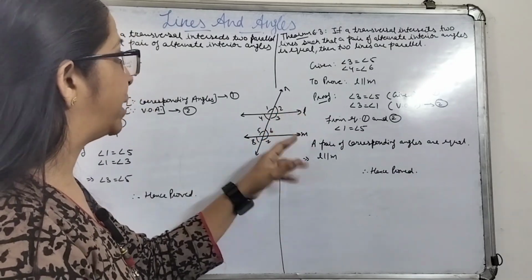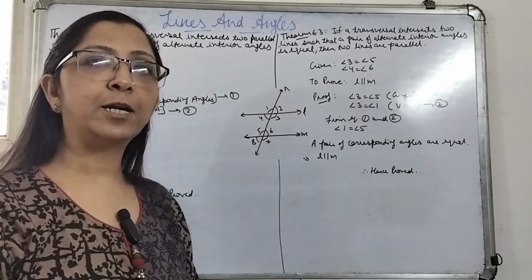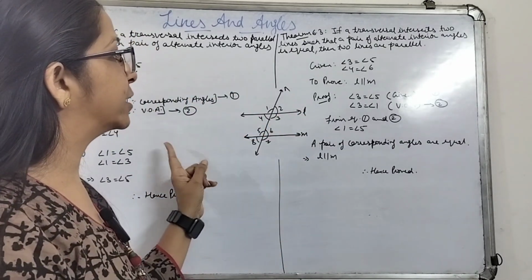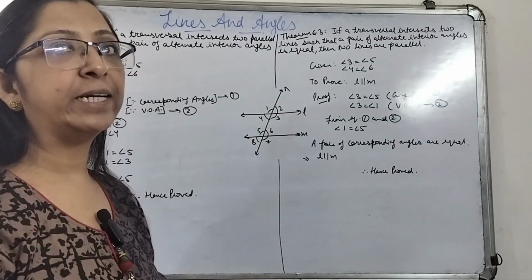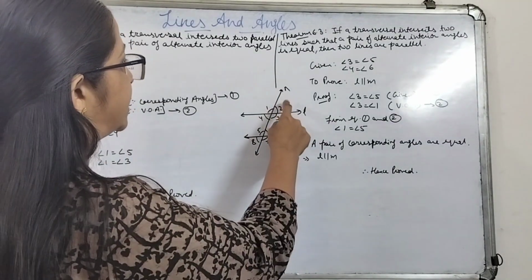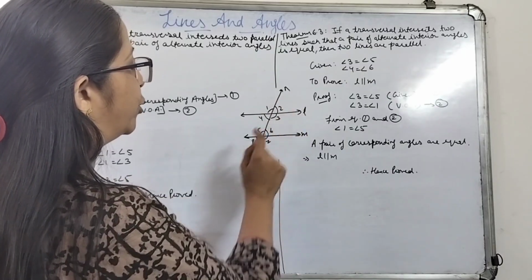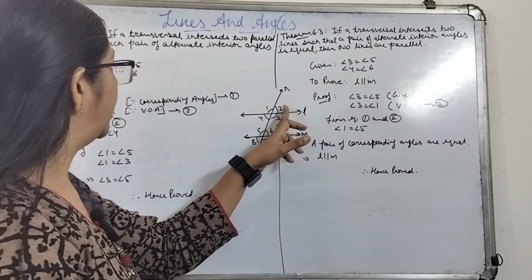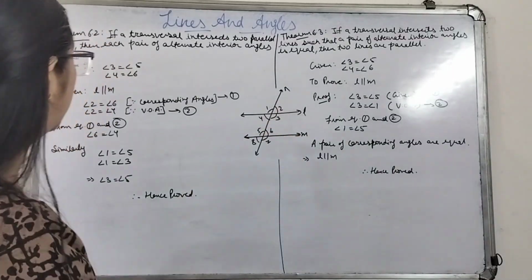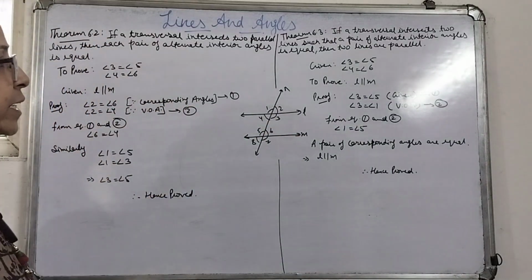It is already given to us that lines are parallel, so the pair of corresponding angles will be equal. That we can automatically conclude by the corresponding angle axiom. So we can say that angle 2 will be equivalent to angle 6 because they are corresponding angles.